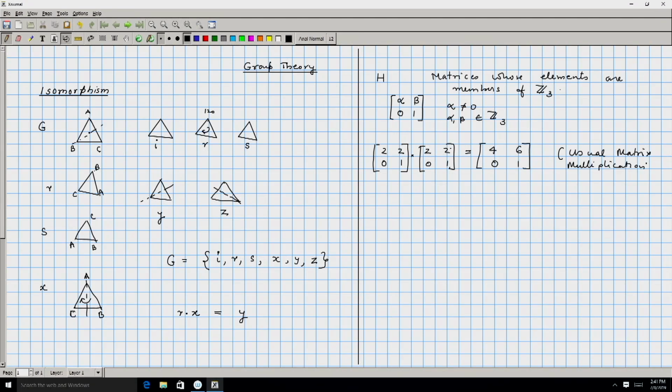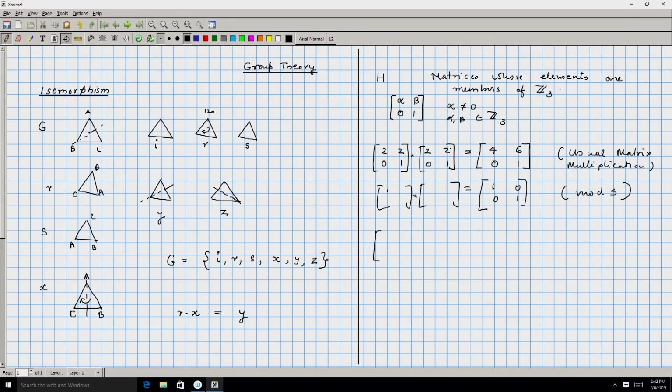But we will do the matrix multiplication mod 3. So, then we will get the product as 1, 0, 0, 1. Okay.